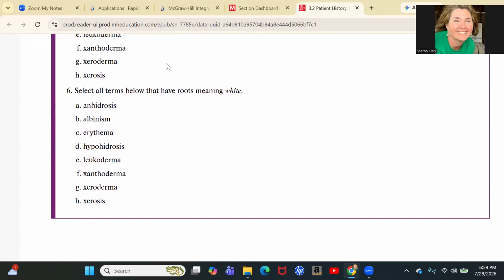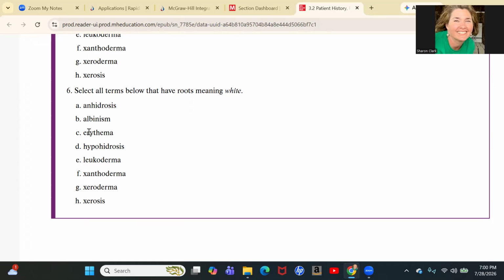learning exercises here. Selecting all the terms that have white as a word root or as a meaning. So there's only 2 here. Which 2 would they be? Number 6, select all terms below that have roots meaning white. Well, we know it's not anhidrosis because hydro means sweat.